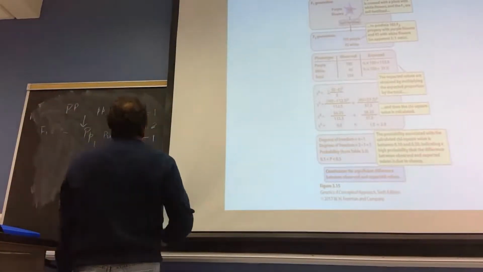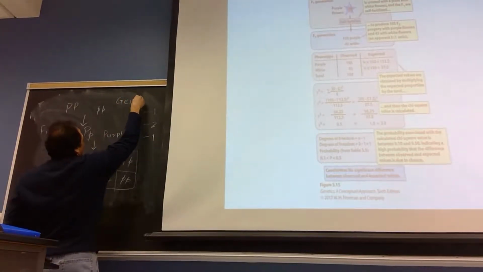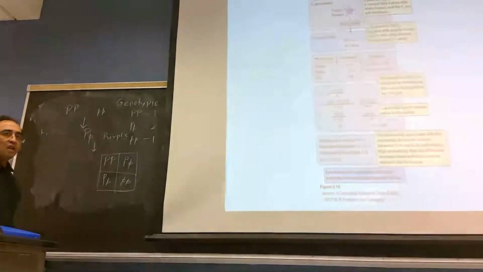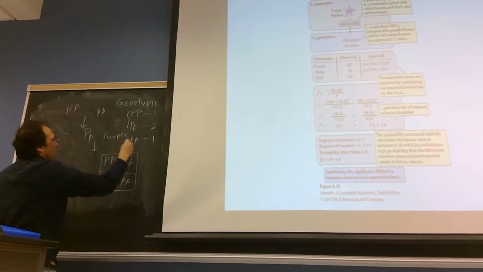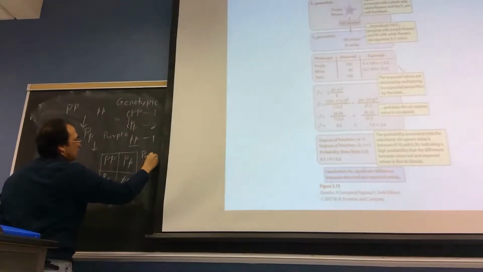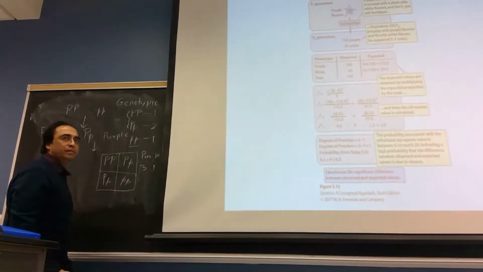In Mendelian ratio, in a monohybrid cross, the genotypic ratio is 1:2:1. What is the phenotype? These two are purple and this is white. So purple to white is 3:1.